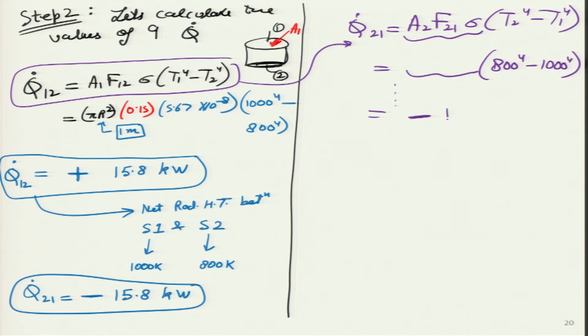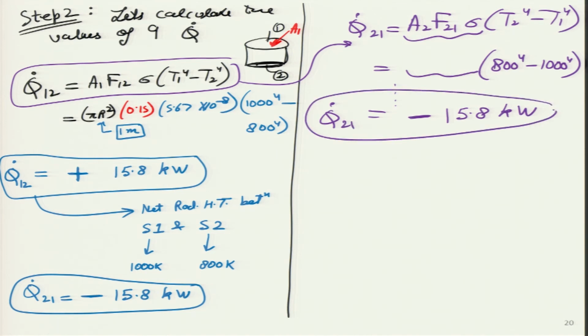So, you do the calculation mathematically, we will get this thing over here. So, Q dot 21 will turn out to be a negative number, and which is what we have already written over here, which means half of those 9 we do not even need to calculate. It will be simply coming out to be very simple and straightforward.